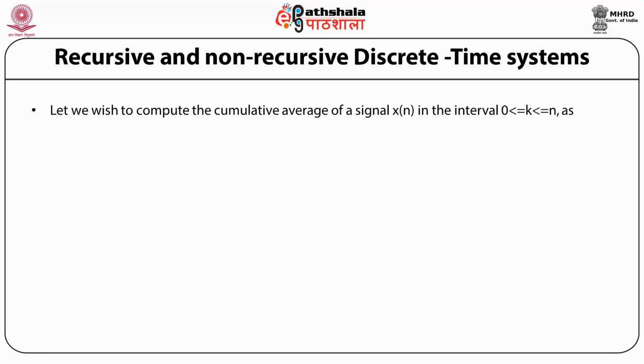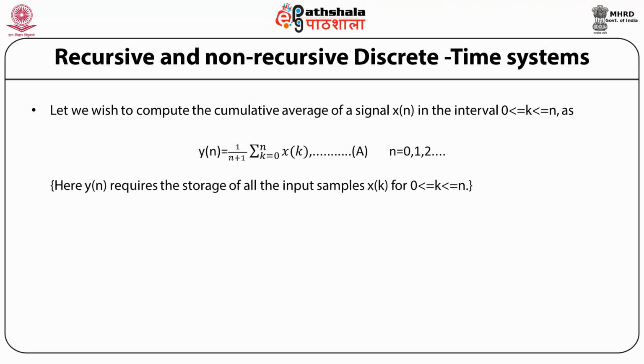So we wish to compute the cumulative average of the signal x(n) in the interval 0 less than or equal to k less than or equal to n as y(n) equal to 1 by (n plus 1) multiplied by summation over k equal to 0 to n of x(k). Now here n is equal to 0, 1, 2, etc.